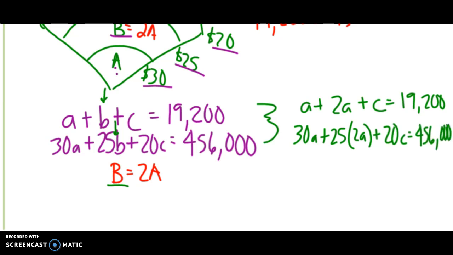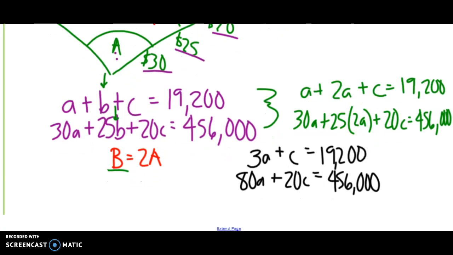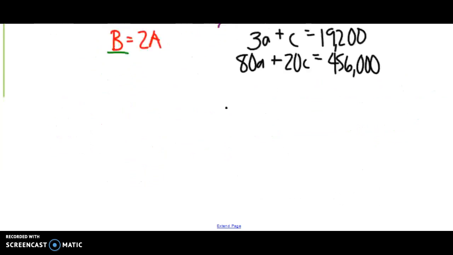Okay, so let's simplify these down, right? Because I have a and 2a, so it's going to be 3a plus c equals 19,200. And 30a plus, well, 25 times 2a is 50a, so 30a plus 50a is going to be 80a plus 20c is equal to $456,000, right? So, how can I eliminate one of my variables?